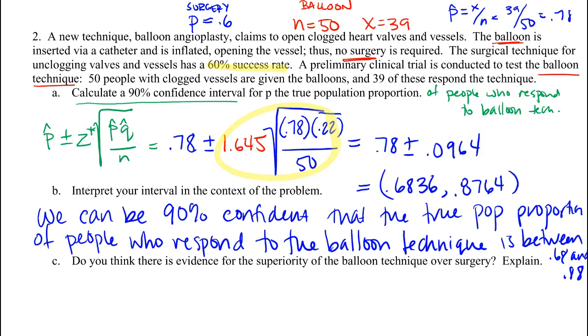Okay, so the part that helps us lead into this idea of hypothesis testing is this last question. Do you think there is evidence for the superiority of the balloon technique over the surgery? Explain. So here's what I want you to think about this for a second. Remember, we know the surgery is 60% successful, and we now have this statement that we just made.